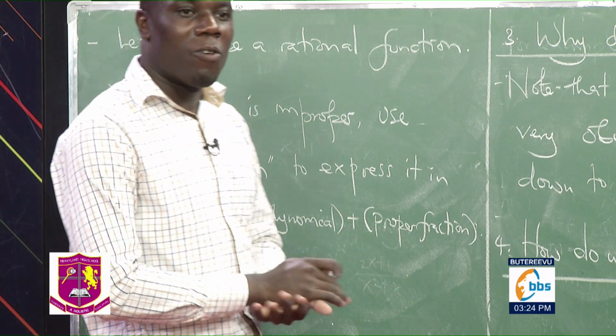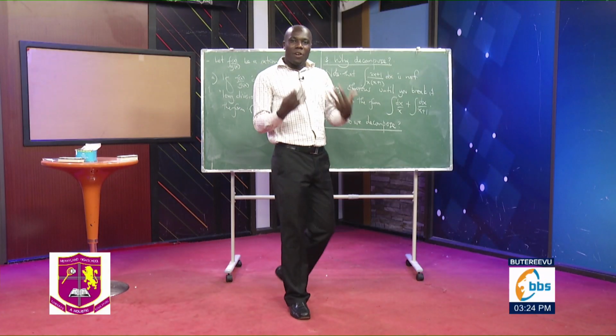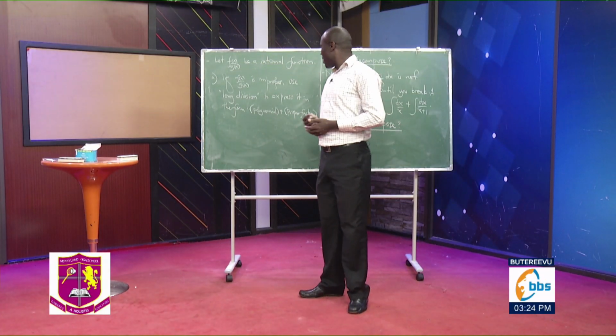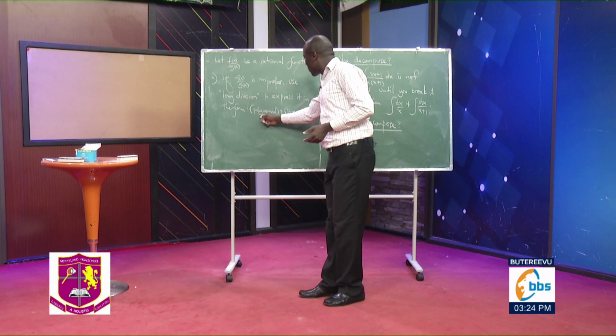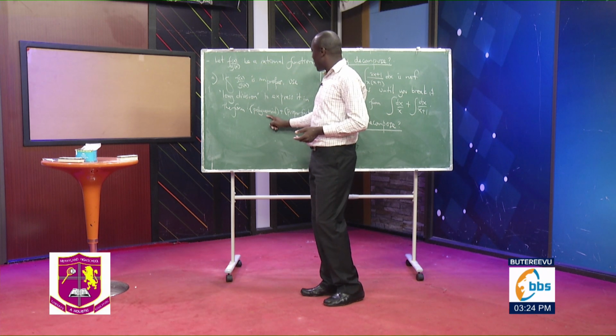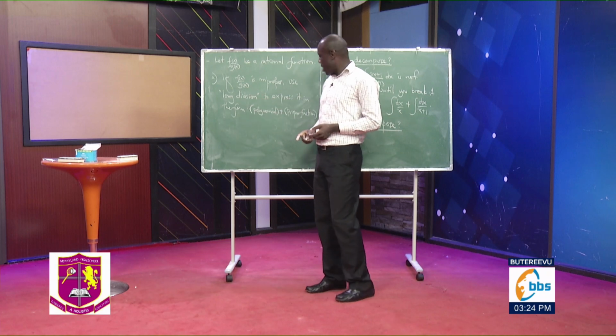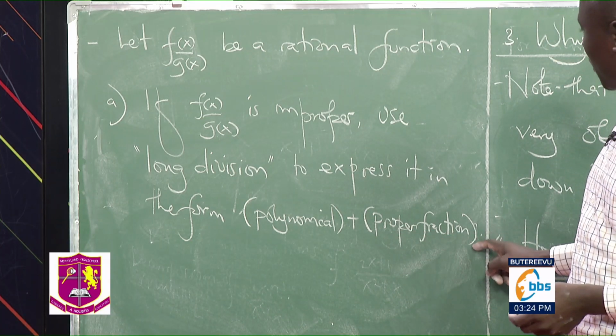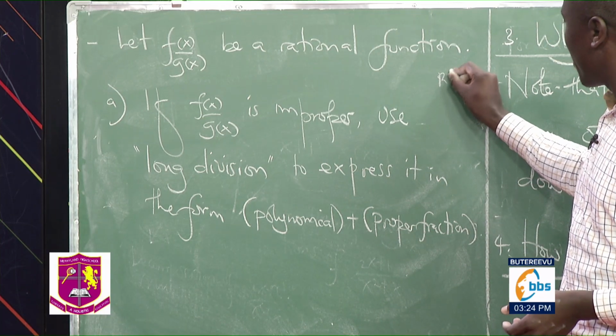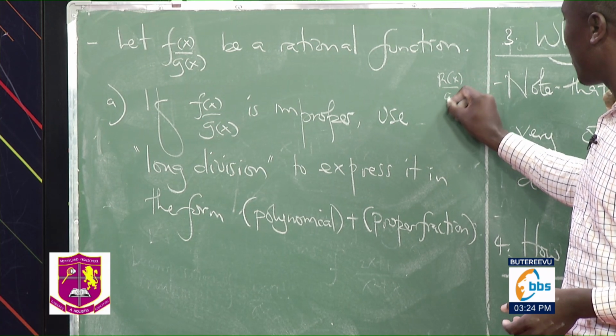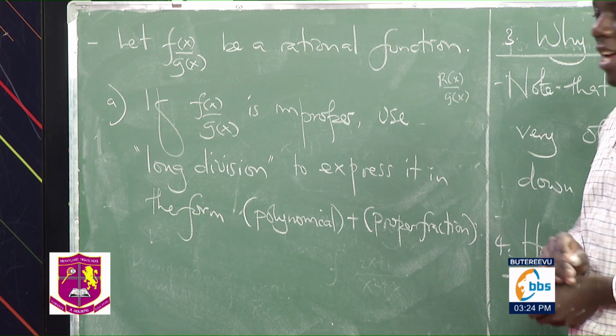And if you're well conversant with your remainder theorem, then you are sure to note that that polynomial there is the quotient when f of x is divided by g of x. And this proper fraction is of the form the remainder over the denominator g of x.